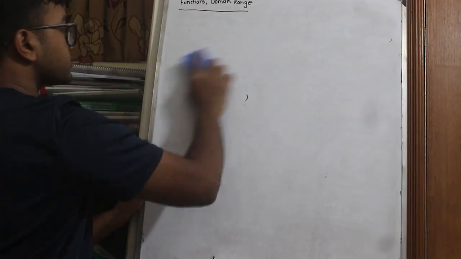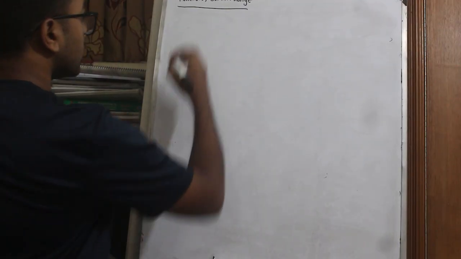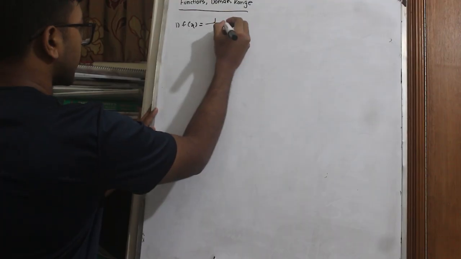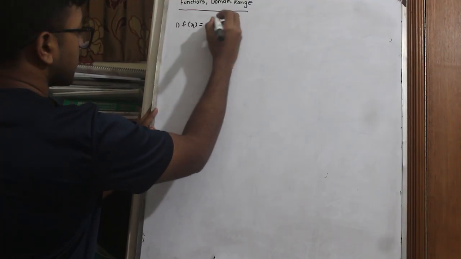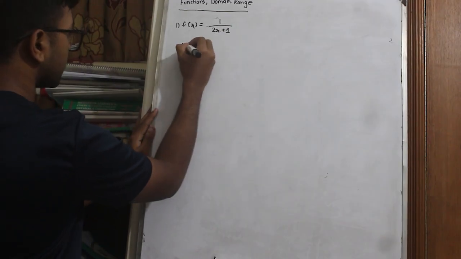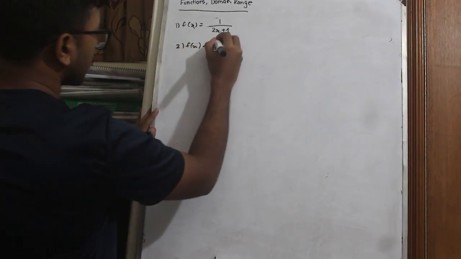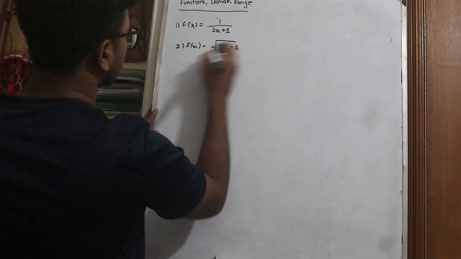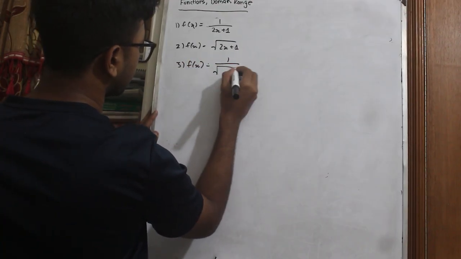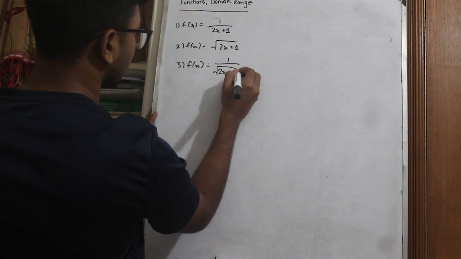The first one, I suppose, was something like 1 by 2x plus 1. The second one was root over 2x plus 1. The third one was f of x equals 1 by 2x plus 1.